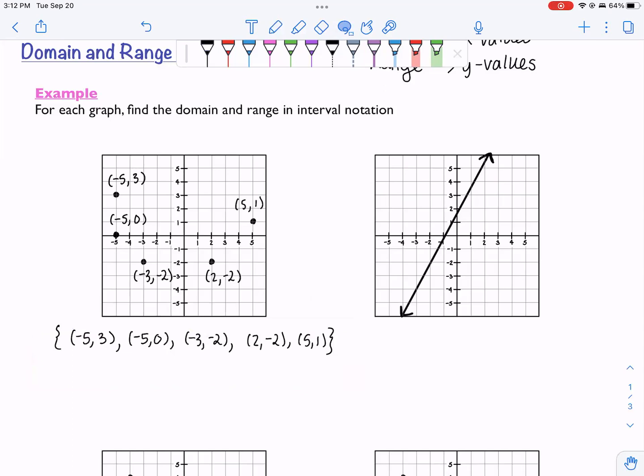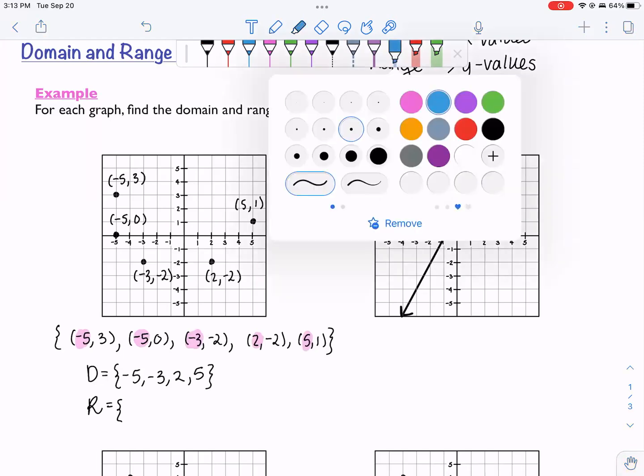The domain is going to be all of the x values from this set of points. So we have -5, which we will only list once, -3, 2, and 5. The range are all the y values.